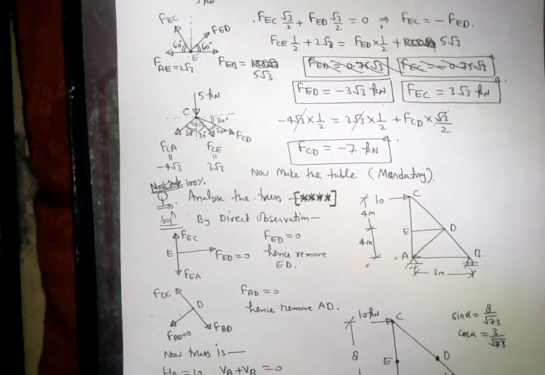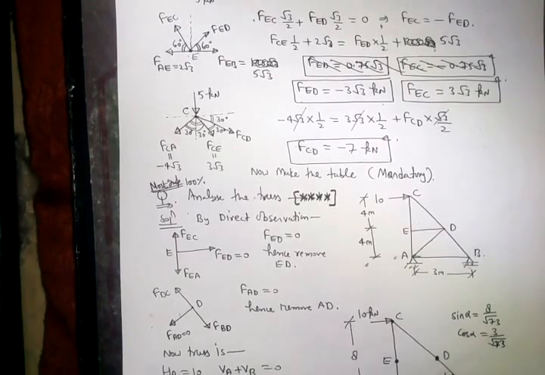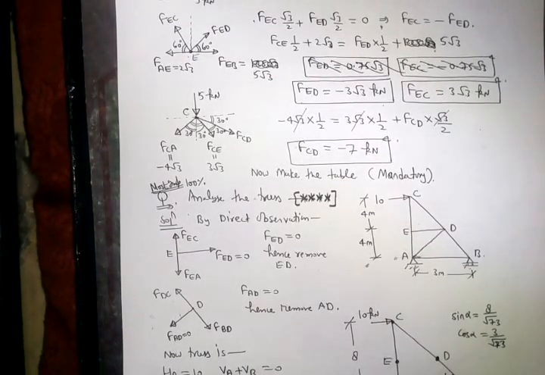Dear friends, an important thing is that in trusses we can identify zero-force members. There are some direct observations by which we can find the force in truss members by general observation. See, what are those?